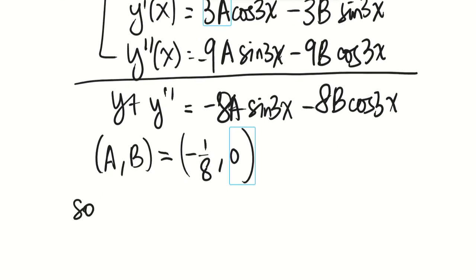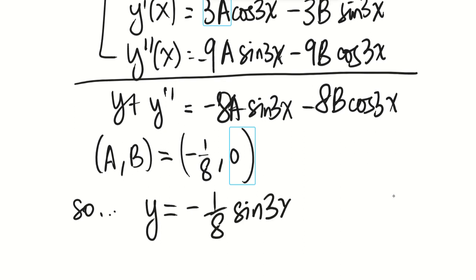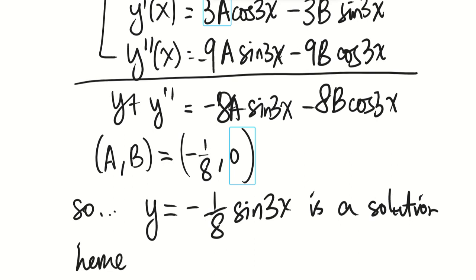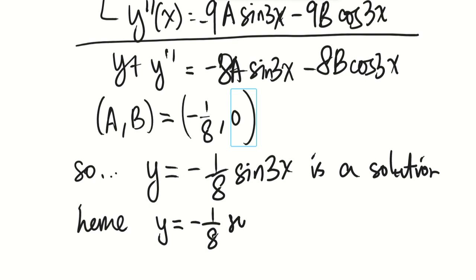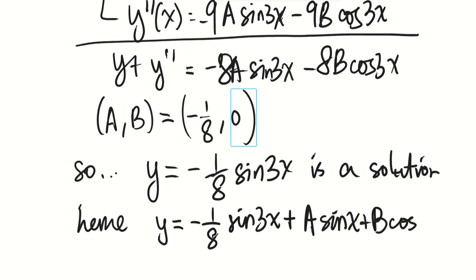So y equals negative 1/8 sine 3x is a solution. And so by the claim, we conclude that the general solution is y equals negative 1/8 sine 3x plus a sine x plus b cos x.